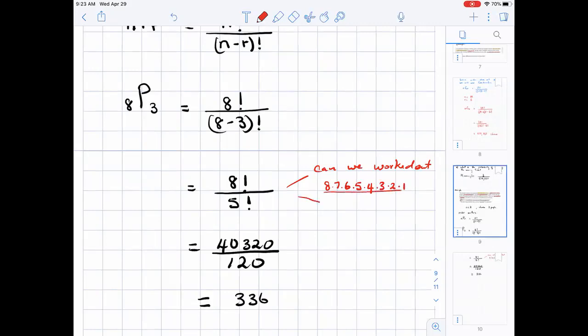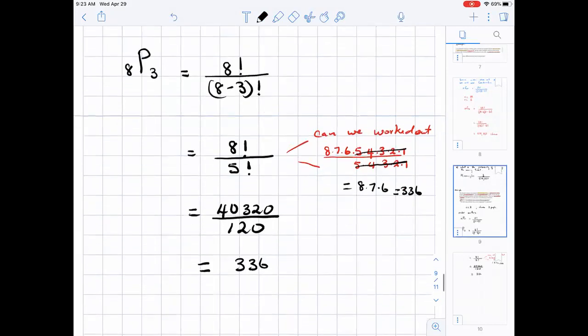And 5 factorial is 5 times 4 times 3 times 2 times 1. From your regular arithmetic, you know that these numbers can be reduced when it's multiplication. So all you're really left with is 8 times 7 times 6. And if you multiply 8 times 7 times 6 in your calculator, you will get 336. So sometimes the numbers can work out easily in a calculator, okay?